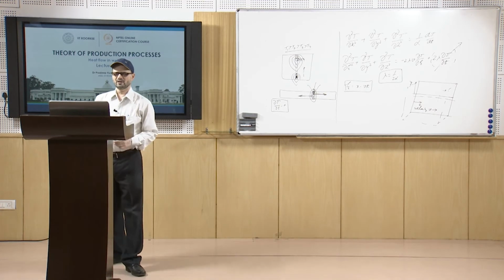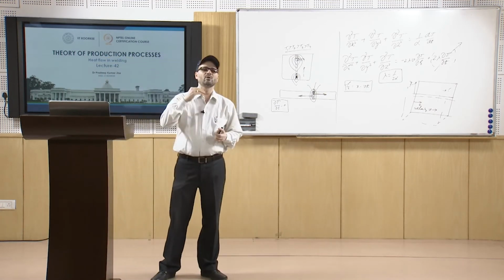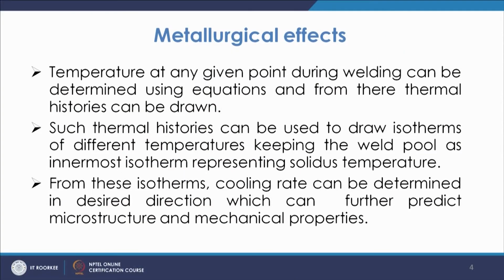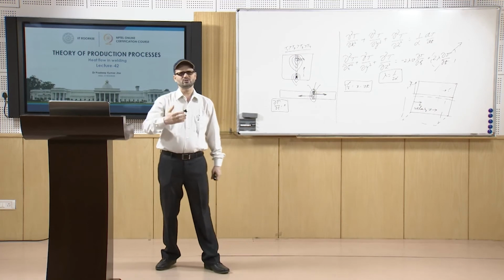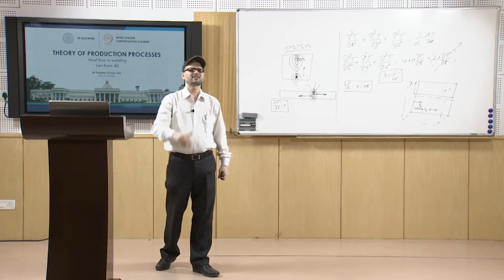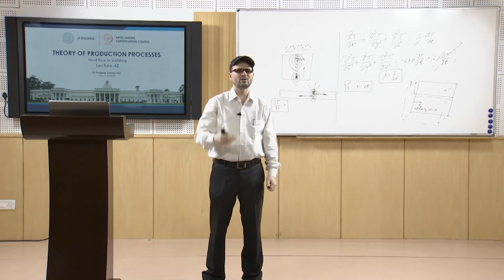Now, we will talk about the metallurgical effects of the welding process. The thing is that temperature at any given point during welding can be determined using equations that we already discussed. So, we discussed that you can find what will be the temperature at different points, and then therefrom the thermal histories can be drawn.